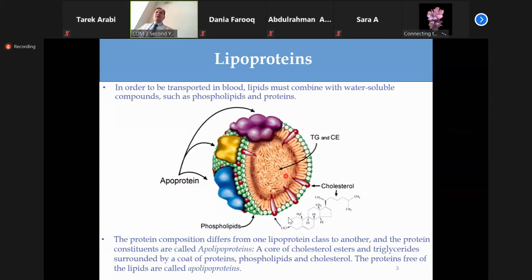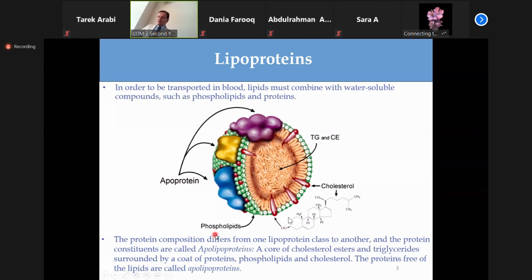that's why they need to be transported as lipoproteins. In these lipoproteins, the core is composed of triglycerides and cholesterol ester, and 80% of the cholesterol in circulation is in the form of cholesterol esters. At the same time, the surface is covered with one layer of hydrophilic surface that includes the phospholipids.